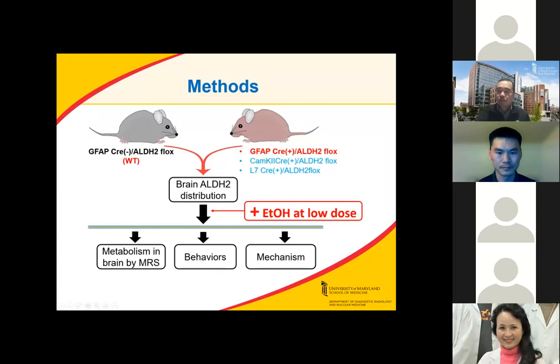In this model, we give a low dose of alcohol, and then we measure the alcohol metabolites and the neurochemicals in the brain, especially evaluating the cerebellum by MR spectroscopy. Then we do behavior tests to see the alcohol-induced behavior change related to the cerebellum, and the mechanisms.